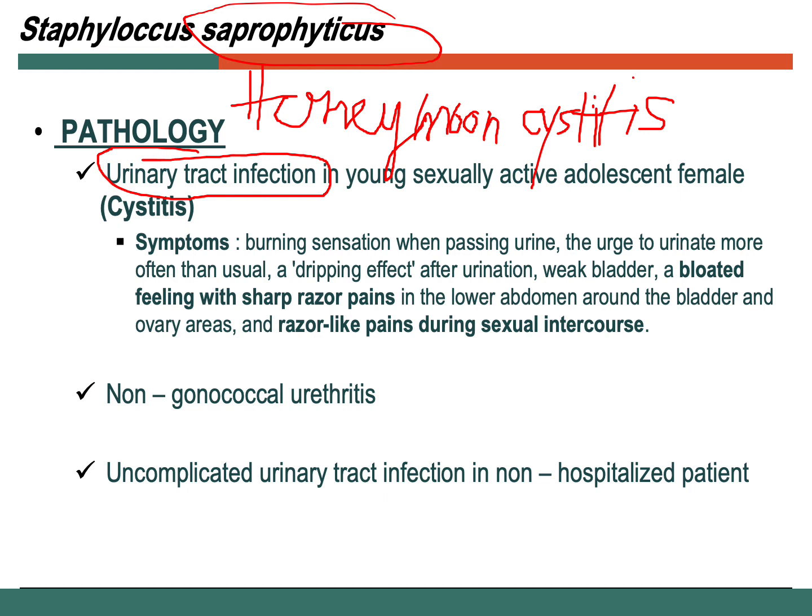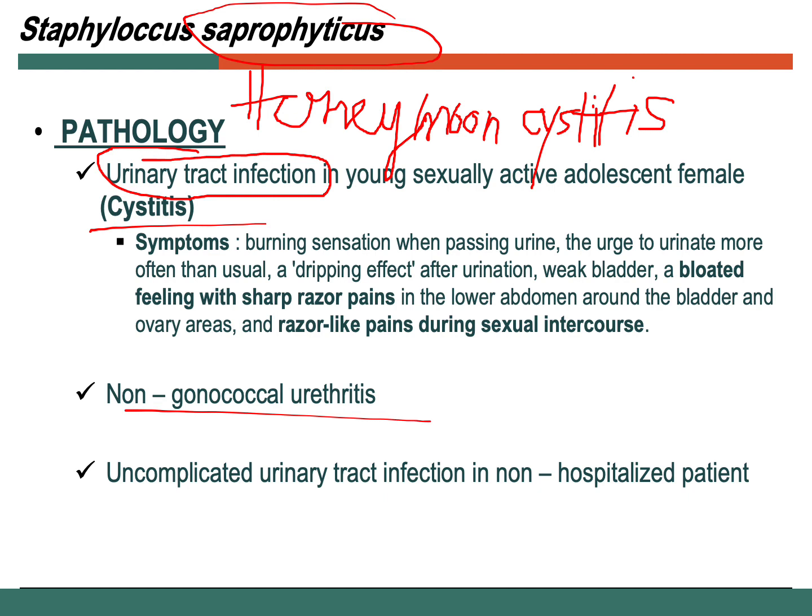So Staphylococcus saprophyticus can cause cystitis. What are the symptoms of cystitis? You have a burning sensation when urinating, a bloated feeling with sharp razor-like pains in the lower abdomen, and razor-like pain during sexual intercourse. Since this is cystitis, this is non-gonococcal.